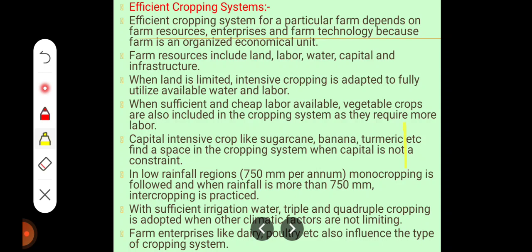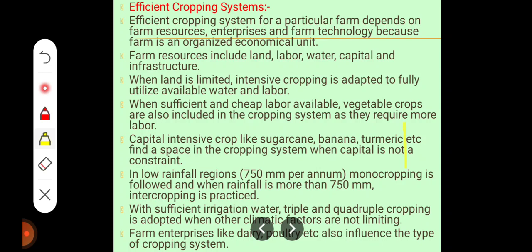So monocropping means one crop is grown in one season or one year, and in intercropping two or more crops are grown simultaneously with a distinct row pattern of the particular two crops.